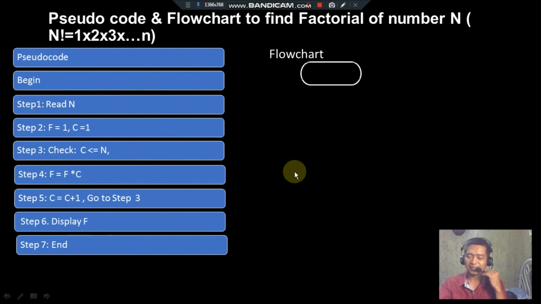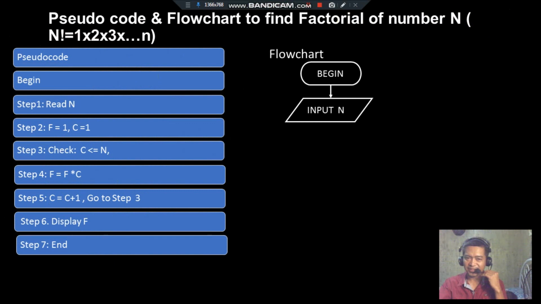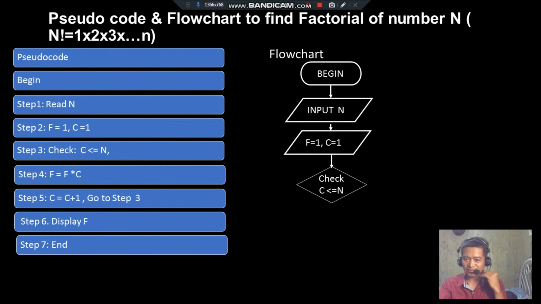Okay, try natin. So, begin, read n, or input n, then initialize natin yung dalawang variables, yung factorial tsaka yung taga-abang kung equal na sa n, si counter. Tapos, ito yung decision. Ang tanong, check if the counter is less than or equal to n.